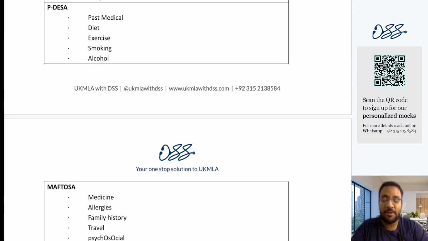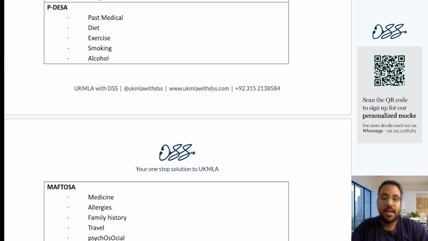Then you would be able to connect your dots: this patient is having gradual vision loss and also has uncontrolled diabetes, so maybe the patient might be having diabetic retinopathy, and then you'll direct your examination and investigations along those lines. So a very important part.